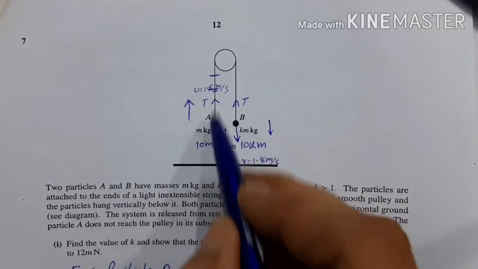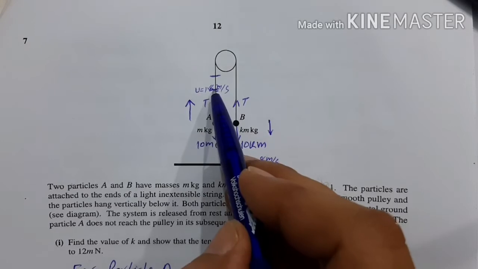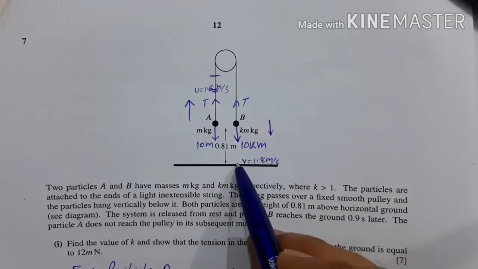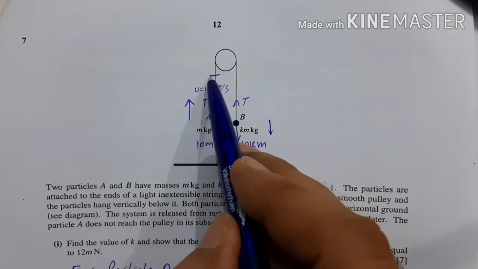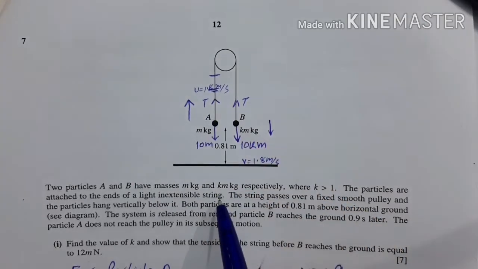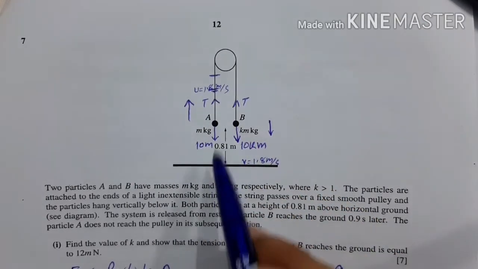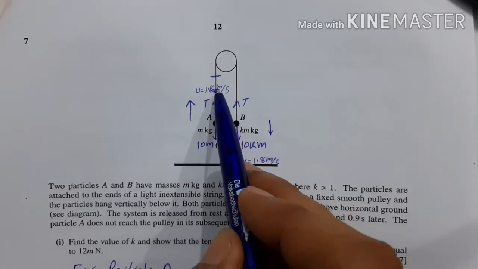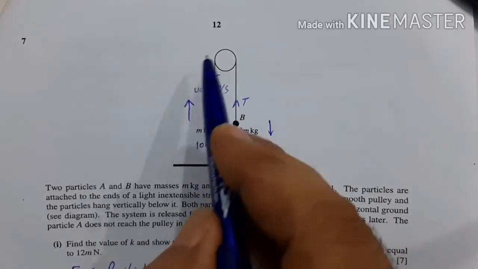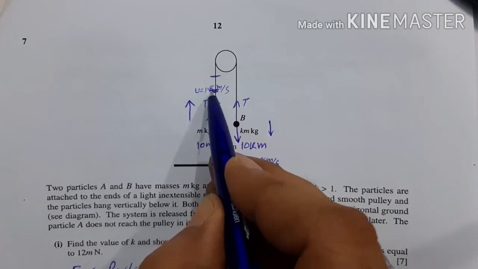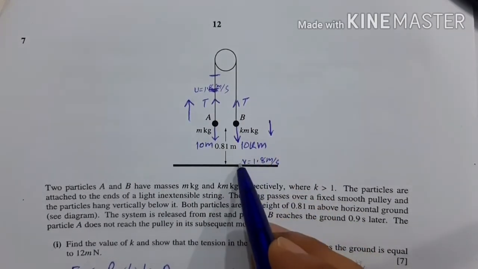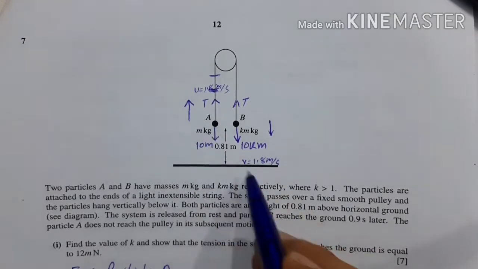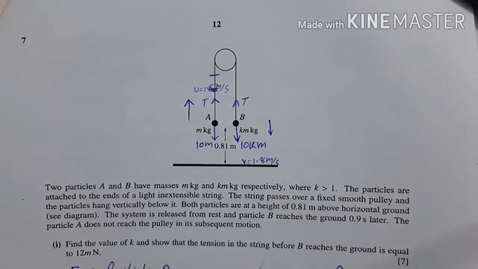When B hits the ground, the string breaks. Due to inertia, A moves a little bit upward and then starts moving downwards. A's initial speed at this point and B's final speed before hitting the ground are the same. So I hope you understand this.